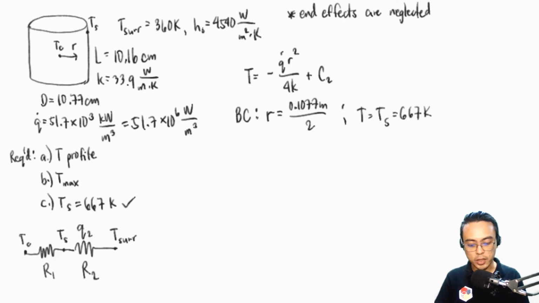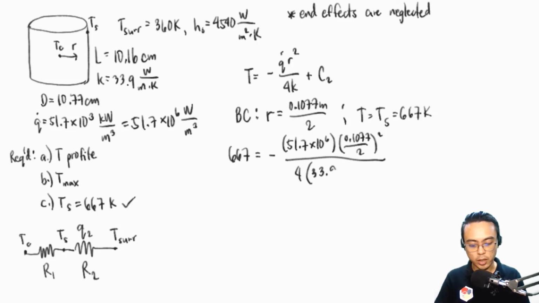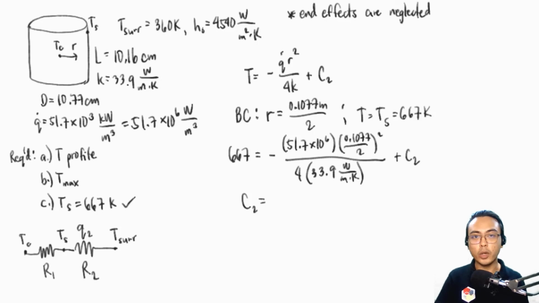Substituting, we have 667 is equal to negative 51.7 times 10 raised to 6 times R squared, that's 0.1077 meters over 2, quantity squared, over 4 times thermal conductivity, 33.9 watts per meter per Kelvin, and that is plus C2. From here, we can determine the value of C2. And once we determine the value of C2, our temperature profile is complete.